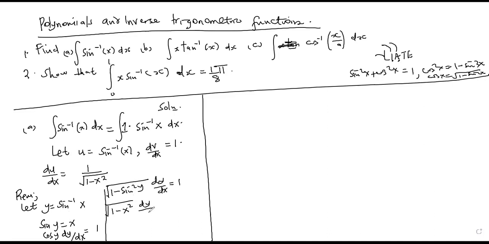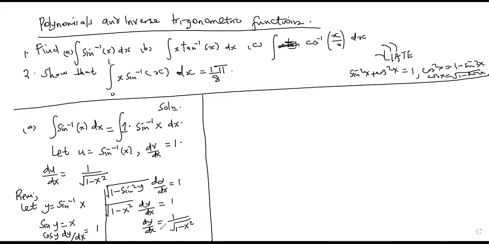Dy dx is 1, implying that dy dx would be equal to 1 over root 1 minus x squared. So it shouldn't worry you that I called the derivative of sine inverse of x 1 over root 1 minus x squared. Interesting.